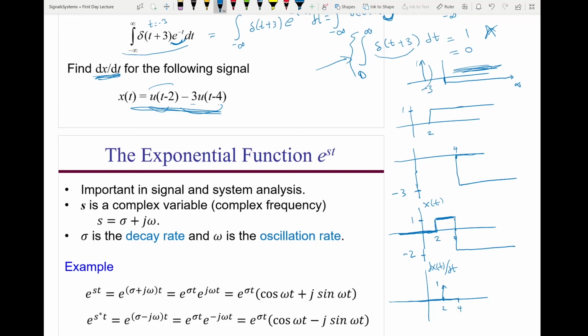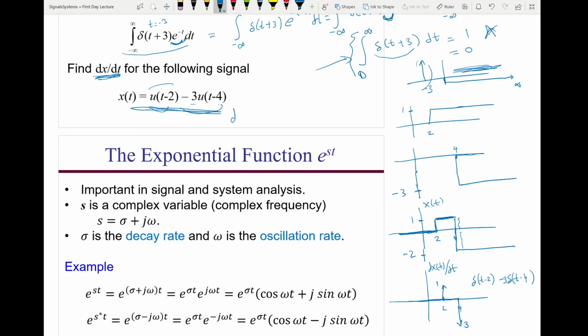Then there is a sudden change downward. How many units? That's 1, and this is minus 2, that's 3 units downward, so that would be an impulse of minus 3. So the answer is an impulse at location 2 of amplitude 1, and another impulse of amplitude minus 3 located at 4, and that's the answer.